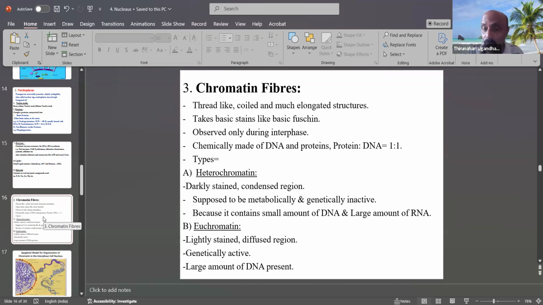Euchromatin is lightly stained, diffused, and genetically active regions, where a large amount of DNA is present.